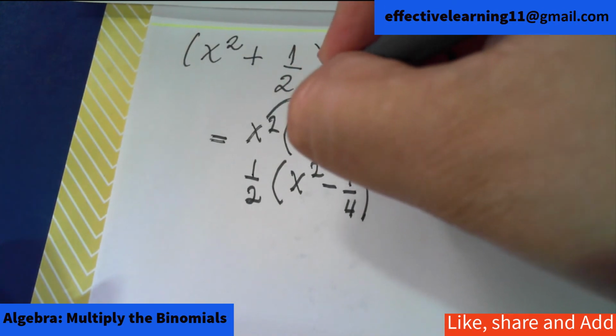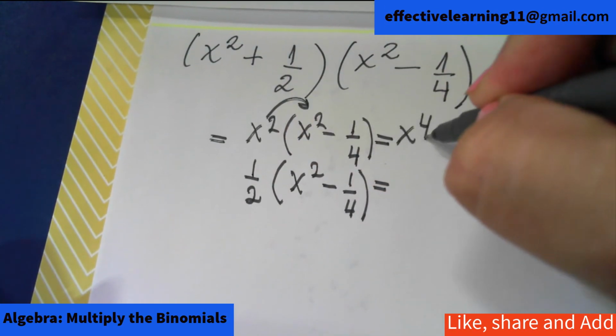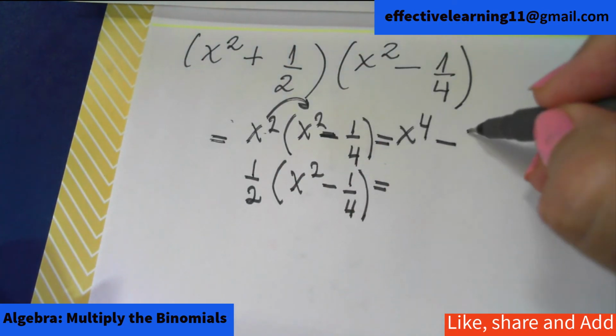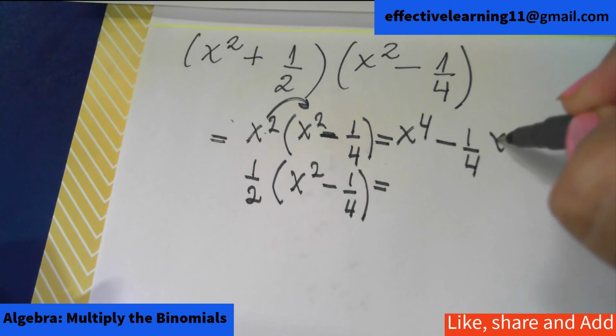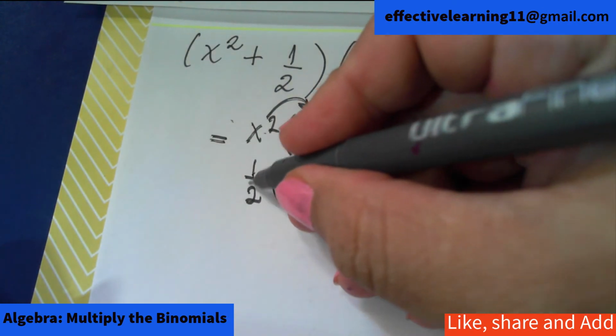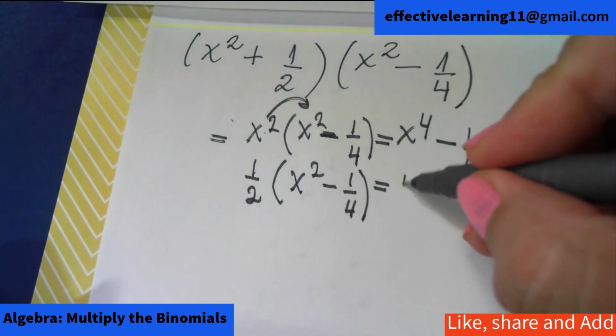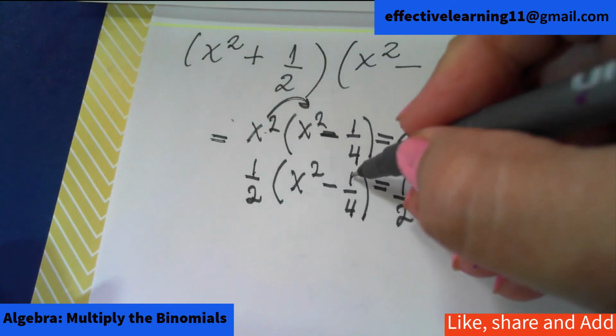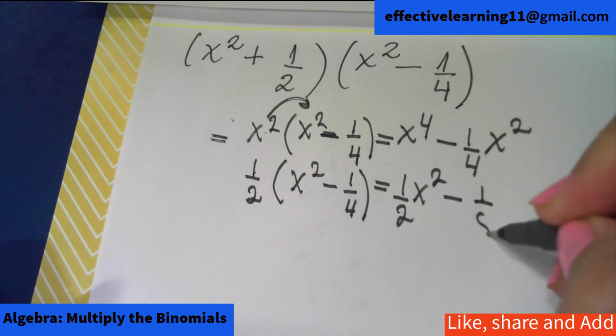So we have to multiply x squared times x squared is x to the 4th, minus, because positive and negative, x squared times 1 over 4 is 1 over 4 x squared. Here 1 over 2 x squared is 1 over 2 x squared minus 1 over 2 times 1 over 4 is 1 over 8.